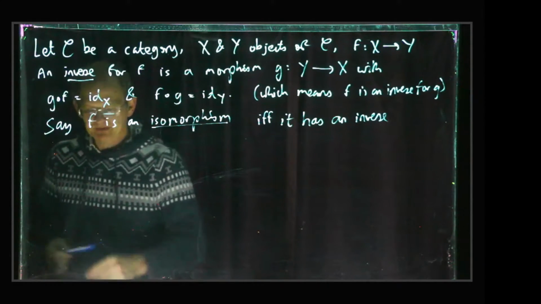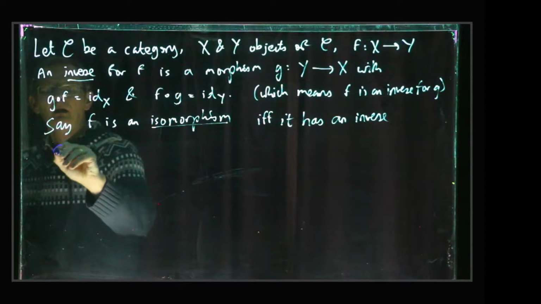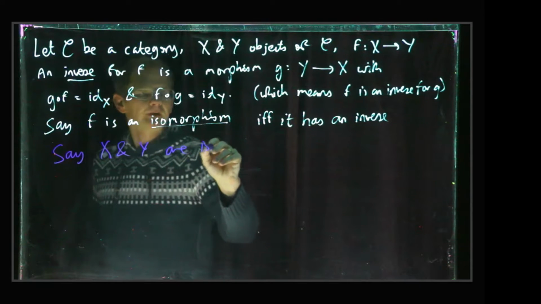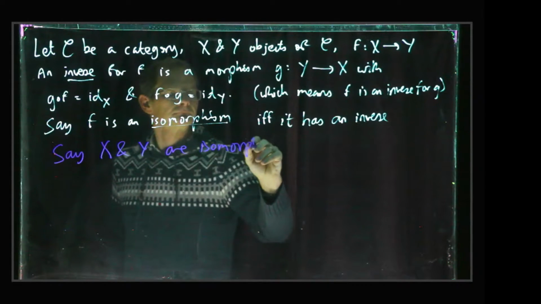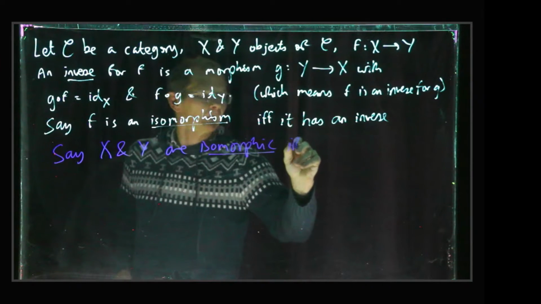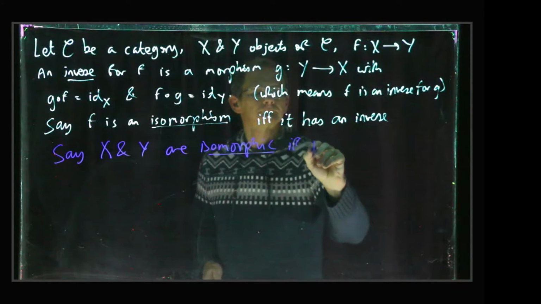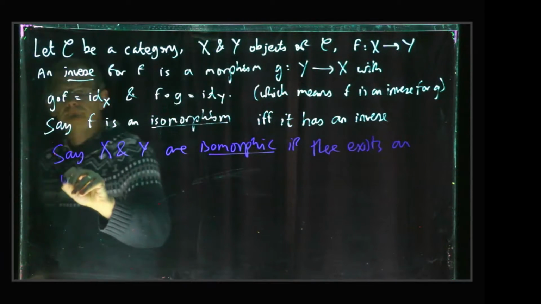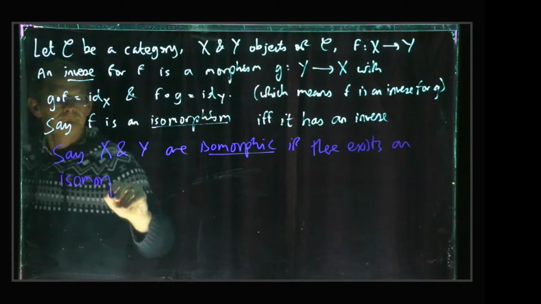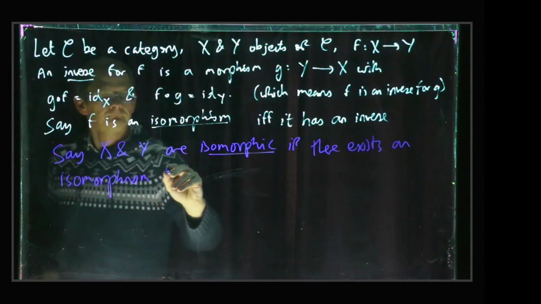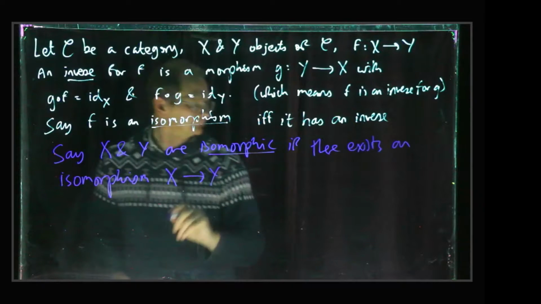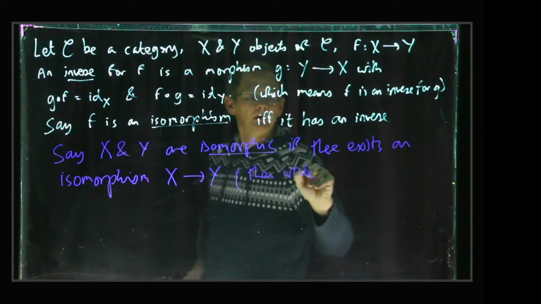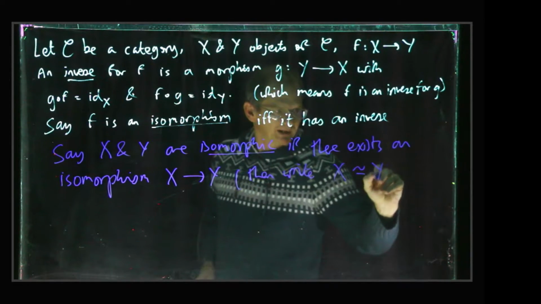And then we say X and Y are isomorphic if there exists an isomorphism. And if so, then we write this kind of symbol here to indicate isomorphism.